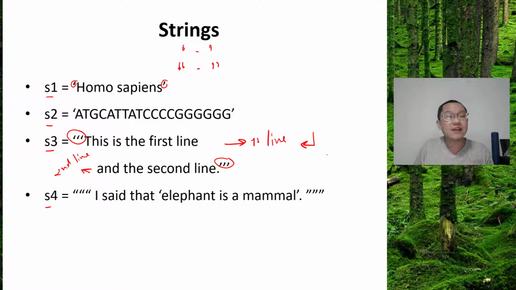A new line character in Python is represented by a backslash and a small n. So this is a new line character. In the text, we might not see it, but this new line character is hidden.